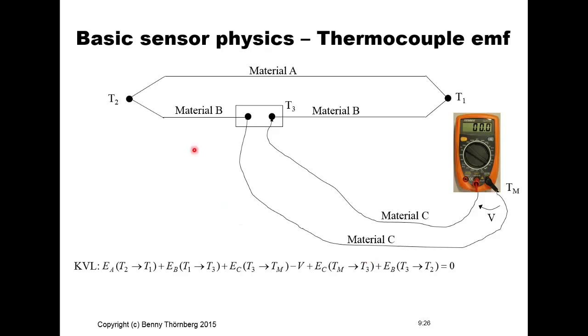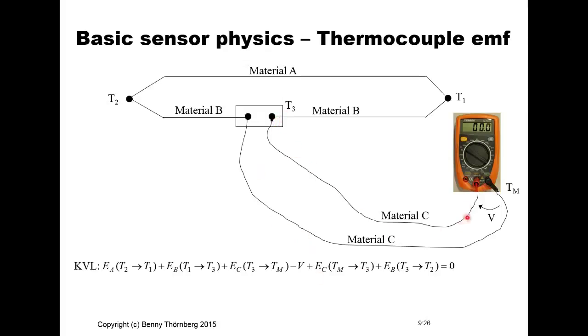So we start from this point using material A from temperature T2 to T1, corresponds to this part, and then plus material B from T1 to T3, corresponds to this part of the wire. And then we have this EC, material C, from T3 to Tm. Tm is at the point where we measure the voltage.